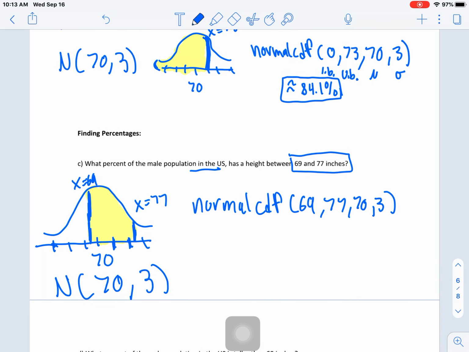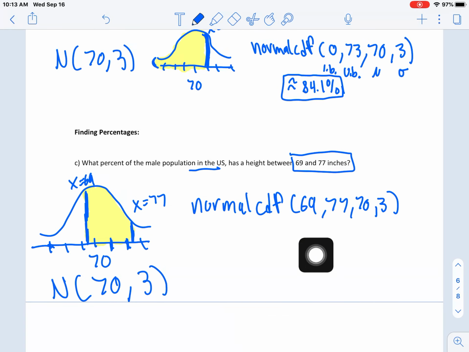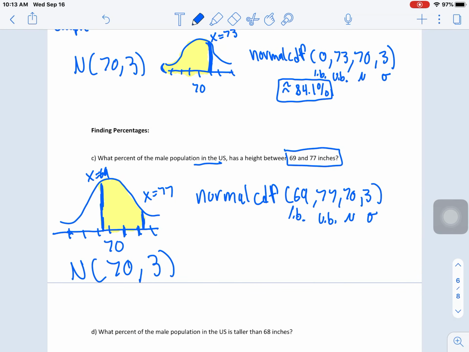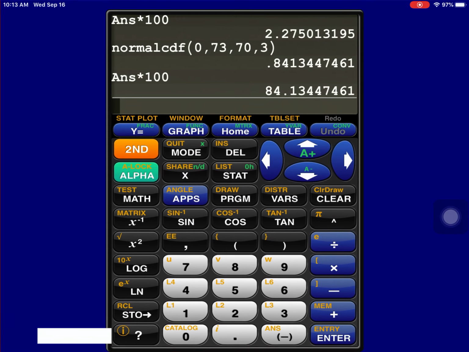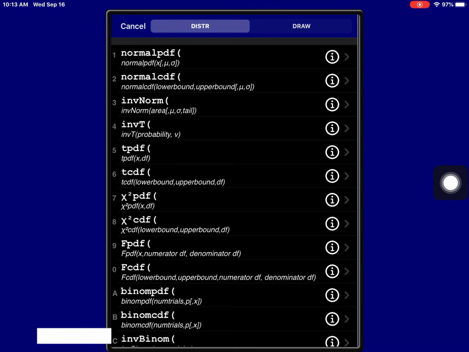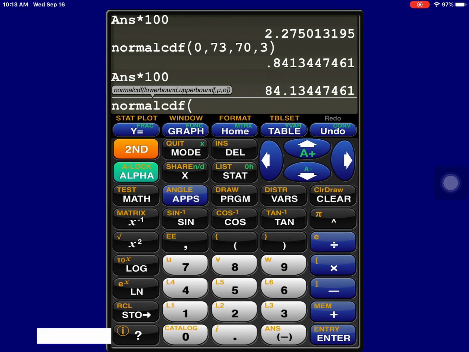And again, pro tip for the AP, let them know that you understand what these numbers mean. You know that's your lower bound, you know this is your upper bound, you know that's mu, and you know that's sigma. All right, so let's go back here. And again, second vars, normal CDF, and our lower bound for this problem was 69, upper bound was 77.